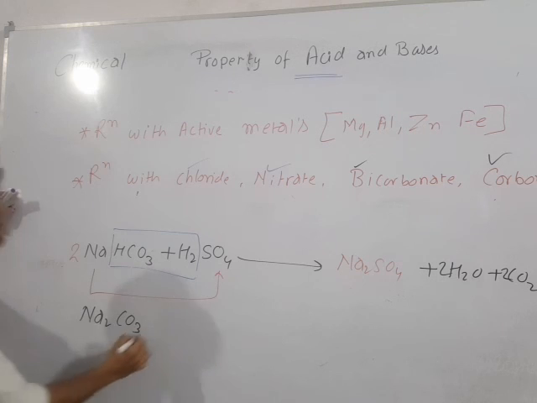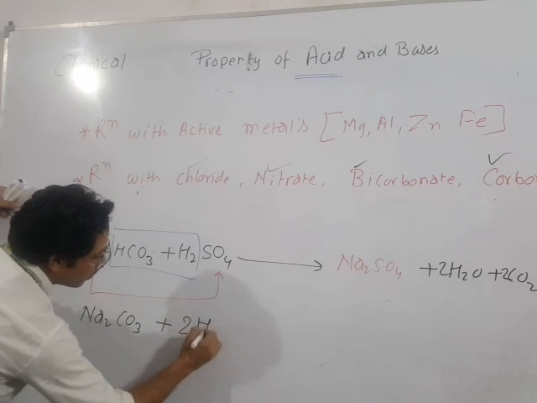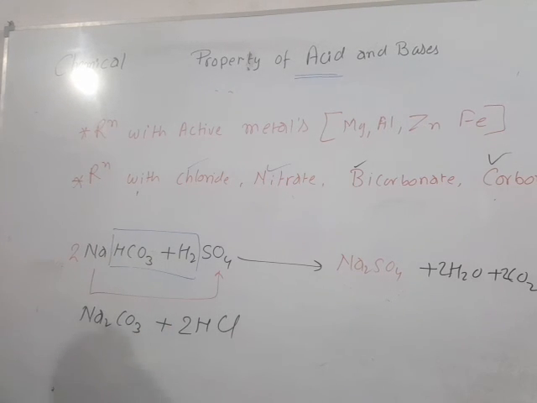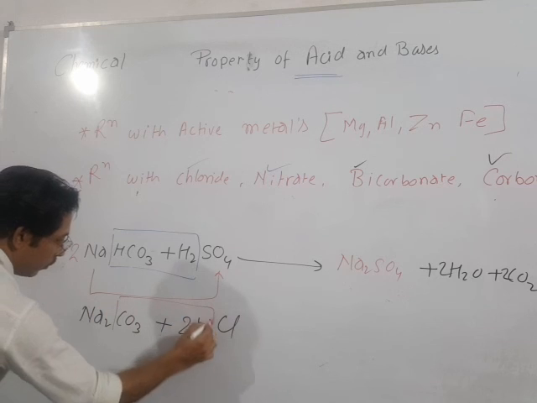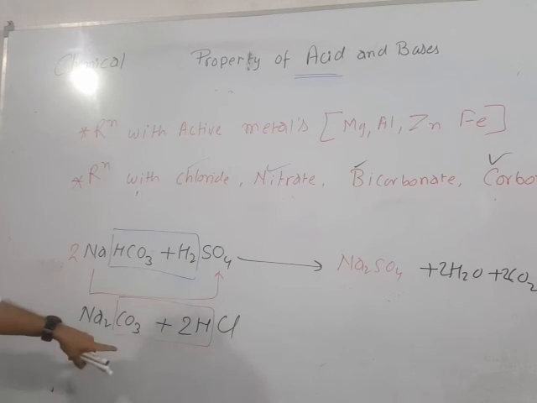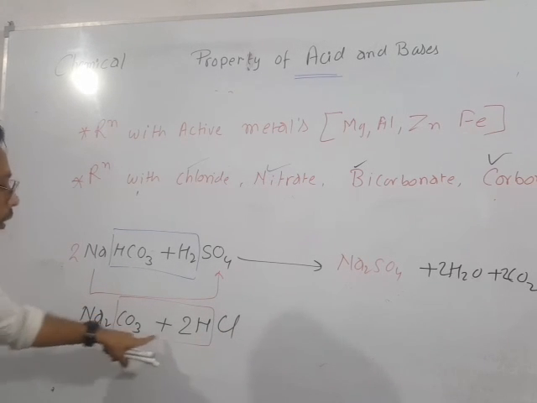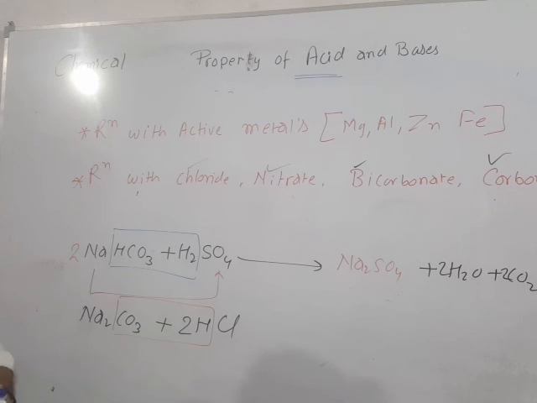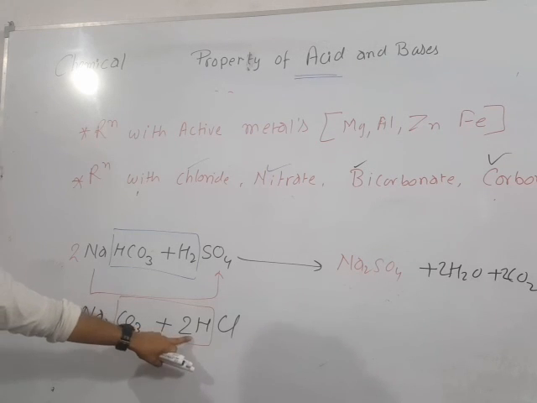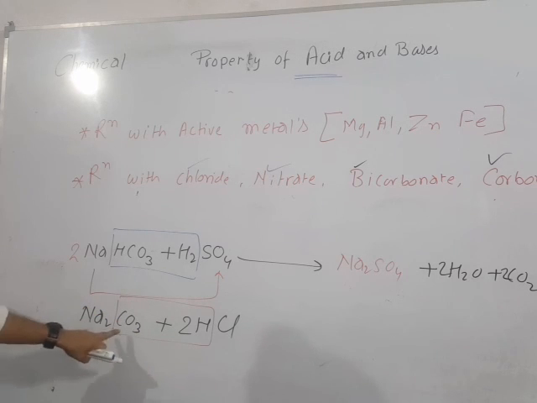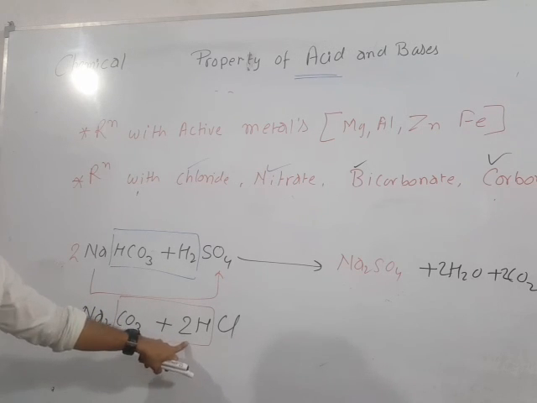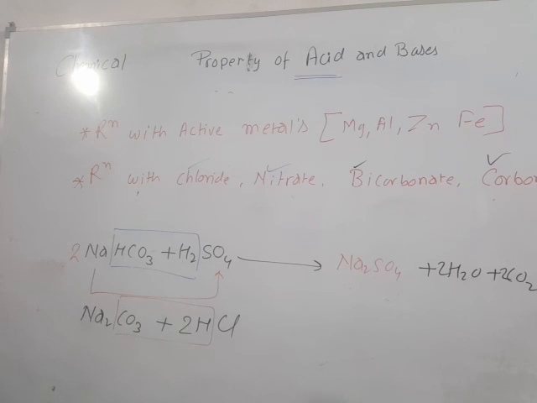Na2CO3 reacts with 2HCl. Now tell me, what is the product? Very good. Why does it not form H2CO3? Because it is an unstable compound. So that's why it does not form carbonic acid. It forms carbon dioxide and water.